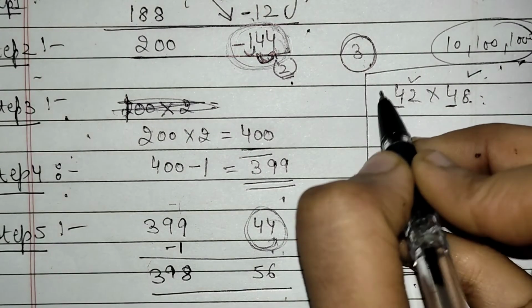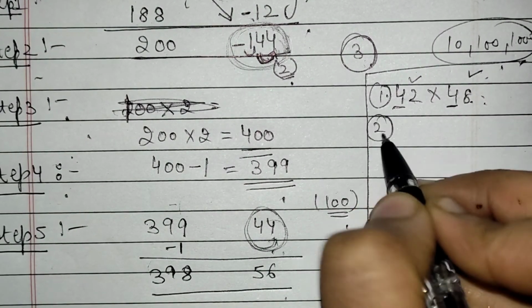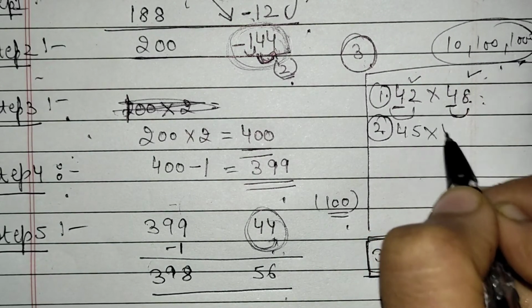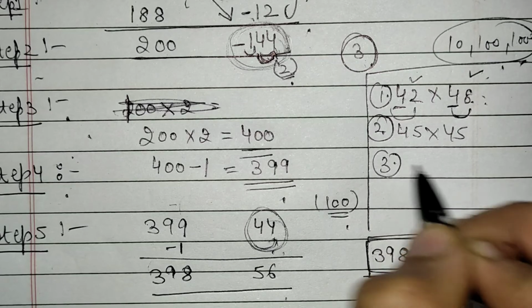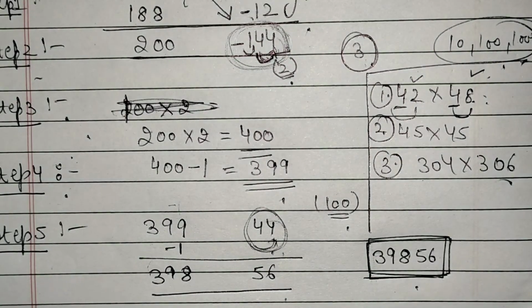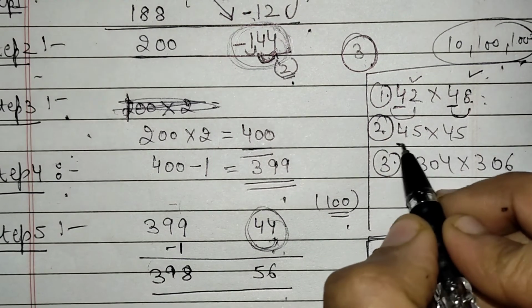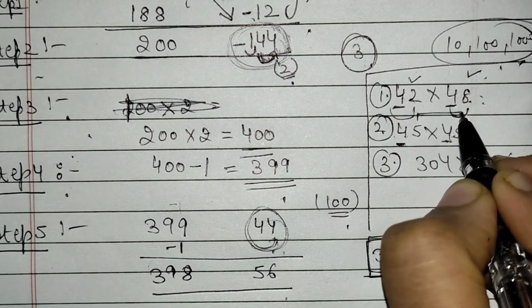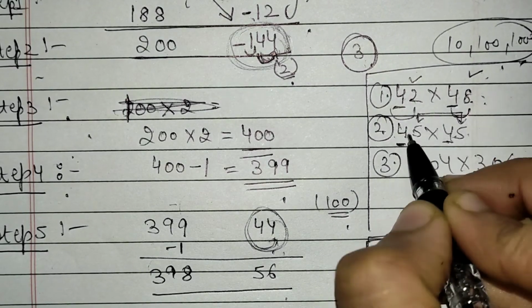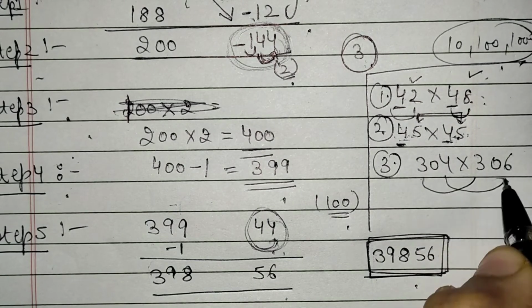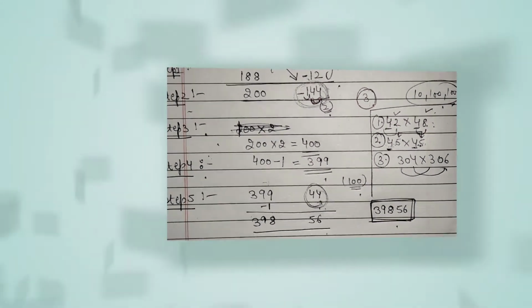For example, how to do fast multiplication of 42 into 48, 45 into 45, and another example, 304 into 306. You can see that the first digit of both numbers is the same and the last digits give me the sum of 10 or 100.